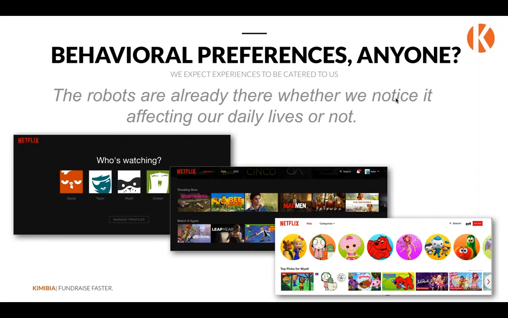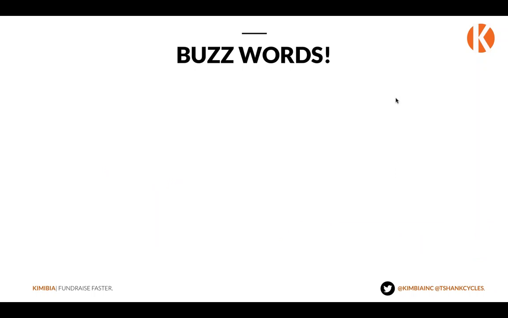And what Netflix does is it looks at patterns and it looks at my behavior and it makes recommendations on what's trending now. You can see down there on the bottom right, that looks wildly different than my children's profile, where it's looking at their behavior and their preferences, and then it's making the right recommendations that are appropriate for them. So that's what the power of these buzzwords are.